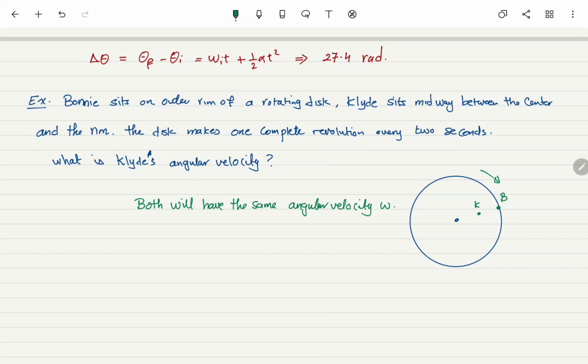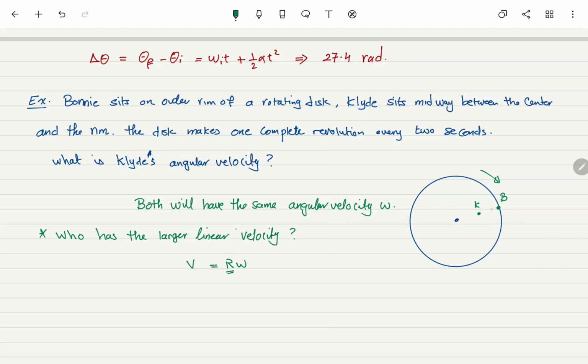Now in the same example here, who has the larger linear or tangential velocity? In this case, linear or tangential velocity is equal to r omega. Now r here is the distance from the center.